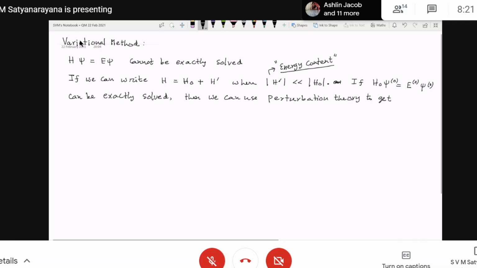That means if I solve H prime somehow, then the energy levels of H prime, the order of magnitude. No, energy levels is different. See, for example, let's say you have a hydrogen atom, and then you apply a magnetic field, in B field.